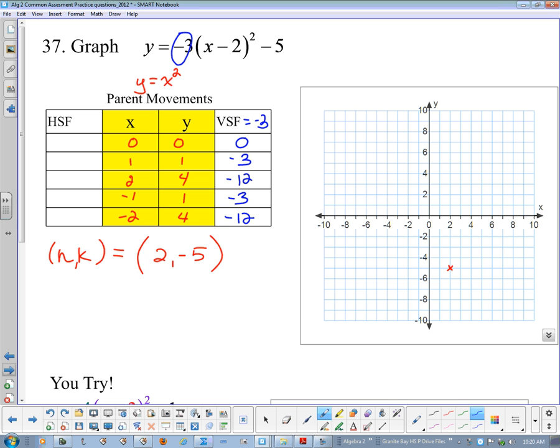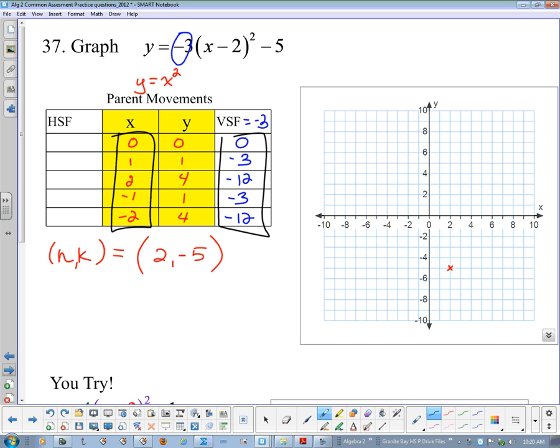Now, all we have to do is plot these points from your HK. So we're going to plot these. Since we have a negative 12, we probably won't be able to use those, but we'll do our best here. Okay? So from this HK, we're going to go 0, 0.